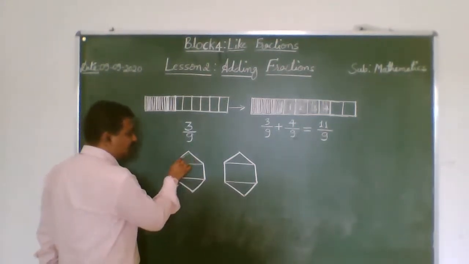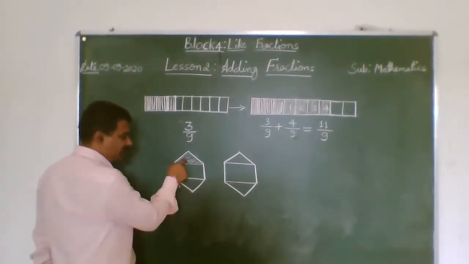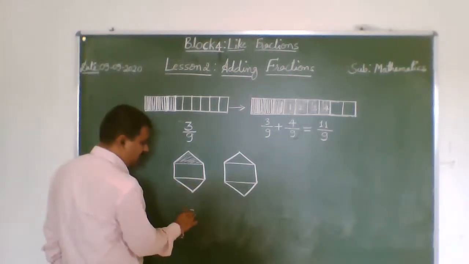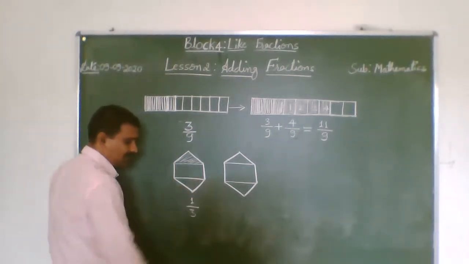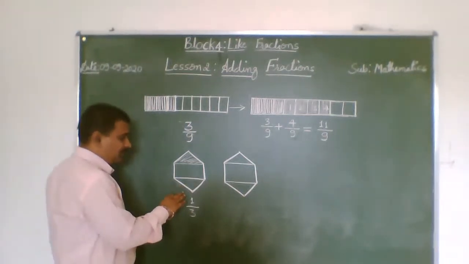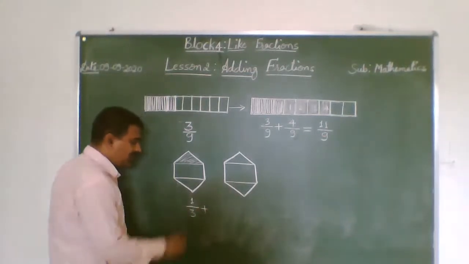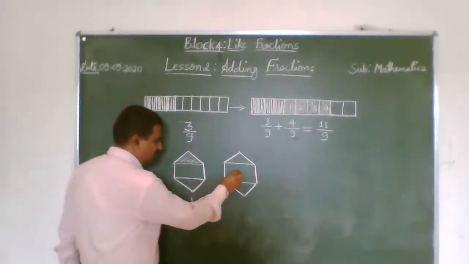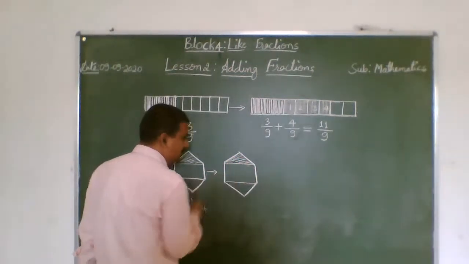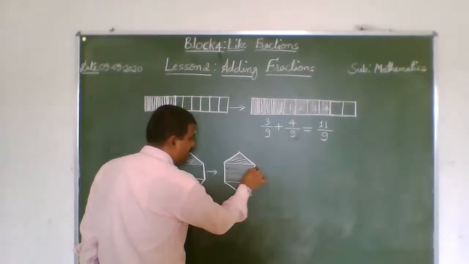So one part is shaded with lines. So what is the value of this? Total 3 parts are there and 1 part is shaded, right? And if I want to add one more part, that is this one, I will take the same picture here. This is already done, 1 by 3, and one more shaded part.